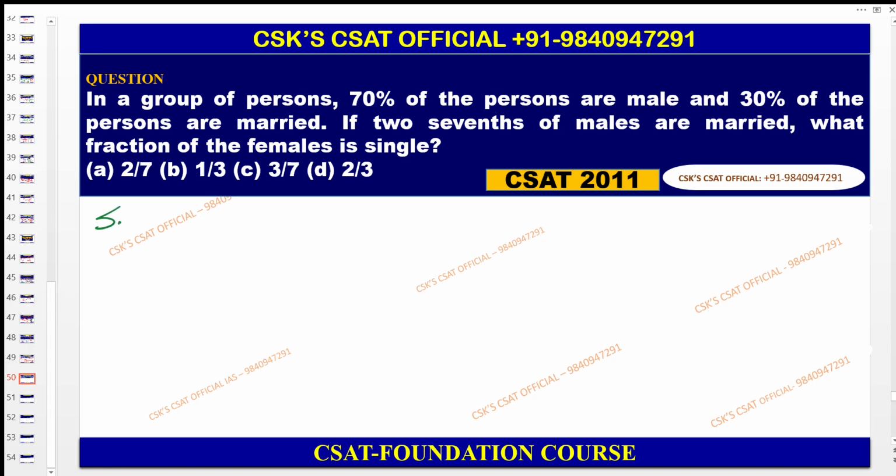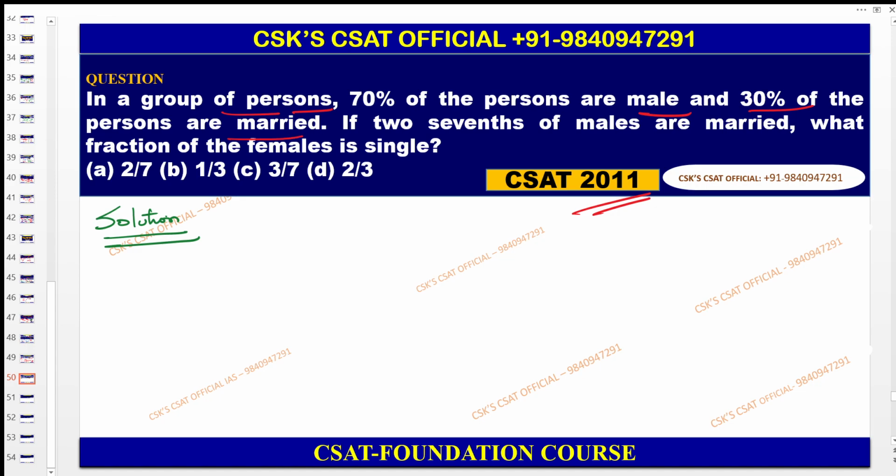Next, this one. In a group of persons, 70% of the persons are male, 30% of the persons are married.